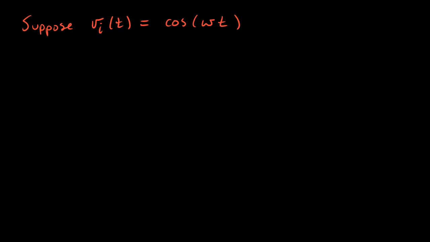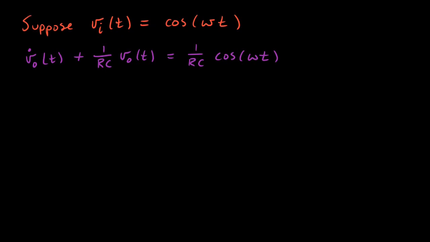First of all, let's write the differential equation describing this. We're going to have V out dot of t plus 1 over RC times V out of t, and that's going to equal 1 over RC times cosine of omega t.